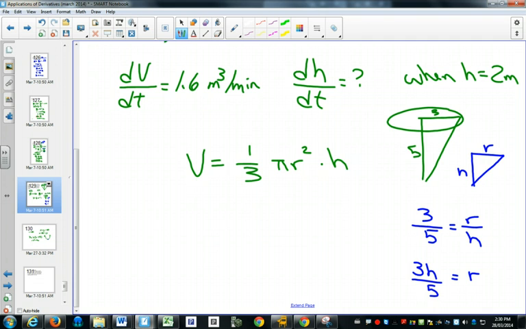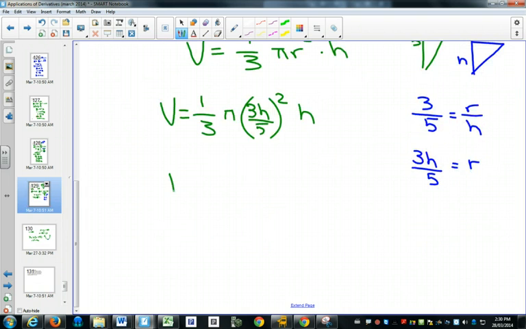So now we can rewrite our volume formula, and instead of r squared, I can write (3h/5) squared.